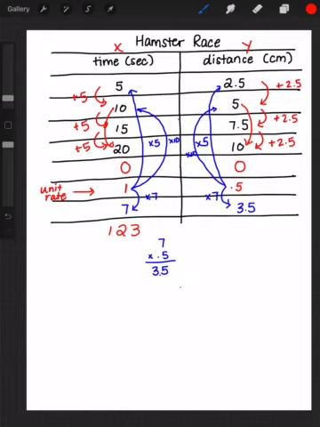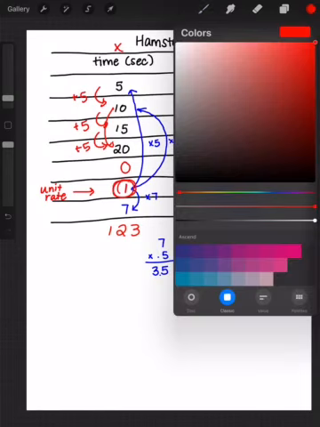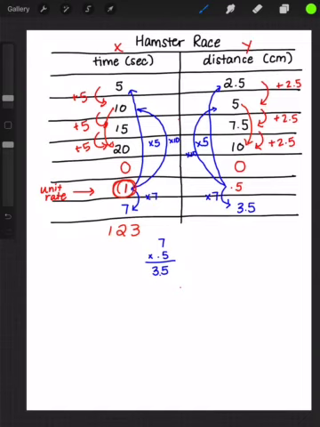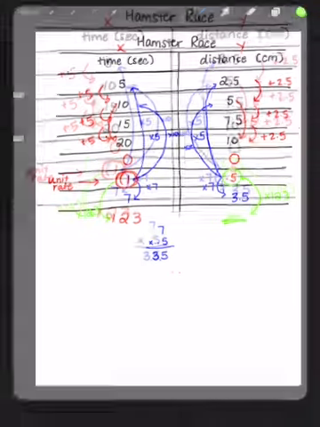None of these numbers are going to help me get to that really easily, except for this one. That's the only one on this table that's going to help me figure that out really quickly, because I can take this and multiply by 123. 1 times 123 is 123. 0.5 times 123 is going to get me my answer. And I can do that for any value as long as I know that unit rate. Okay.